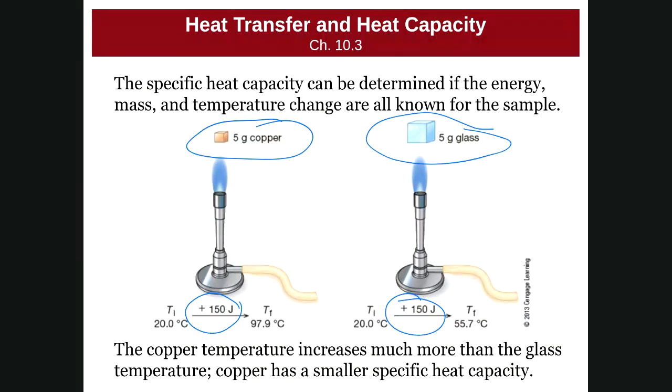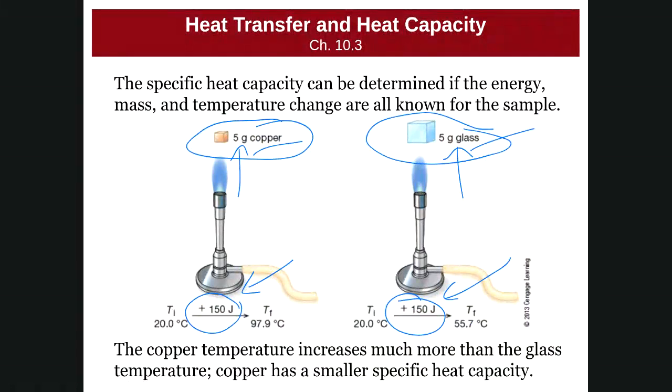So we're keeping the amount of heat added constant, 150 joules of heat from our Bunsen burner. We're keeping our mass the same as well, 5 grams of our substance. The thing that we're changing is the composition. Our material is copper on the left and glass on the right.